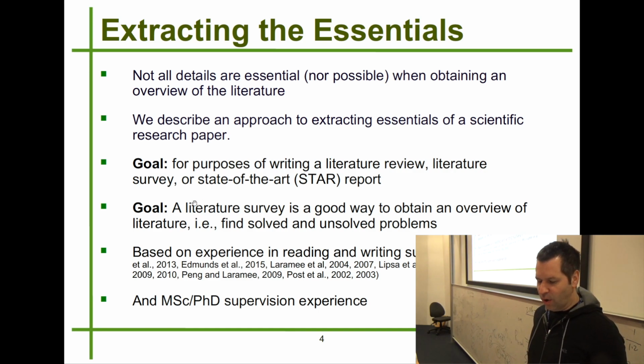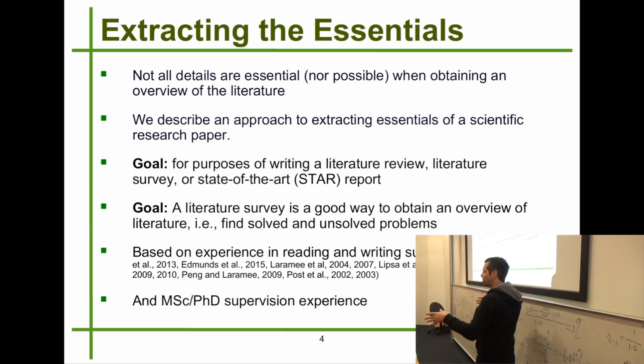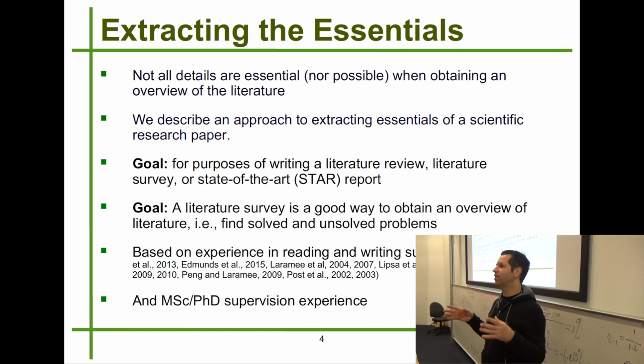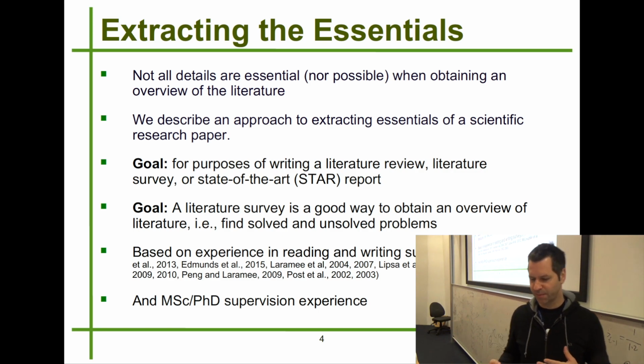Okay, so not all of the details. You have this complicated research paper. It's 10 pages long. It could be 20 pages long. Not all of the information in that paper is essential or relevant to you in your project. That's the good news.